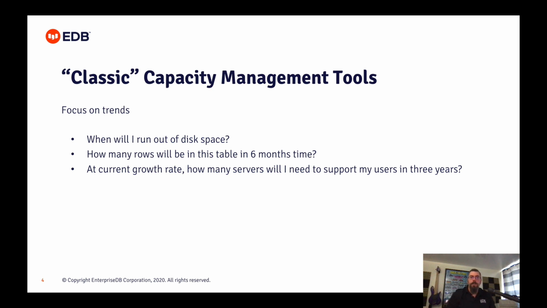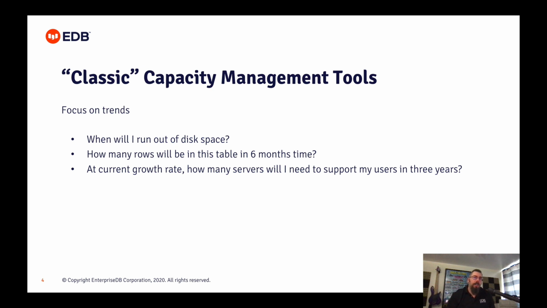Classic capacity management tools tend to focus on trends. When will I run out of disk space? How many rows will this table contain in 6 months' time? At the current growth rate, how many servers will I need to support my users in 3 years? Those are all things that generally tend to trend upwards or downwards.